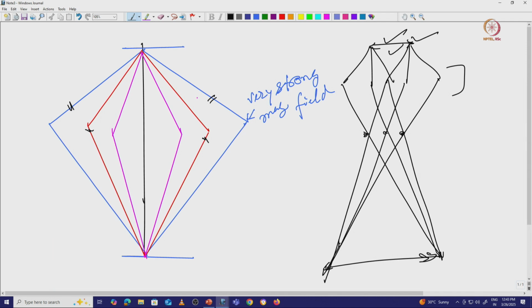So, what we can do in this particular case, we can use some kind of aperture. This aperture will come like this and it will block some electron beam.